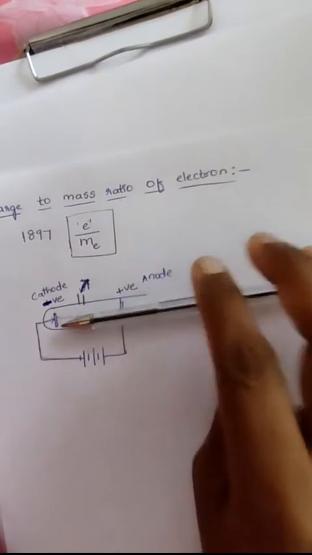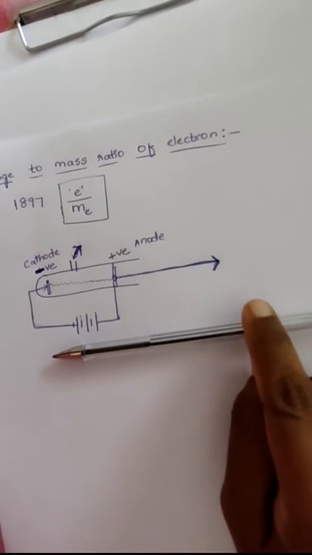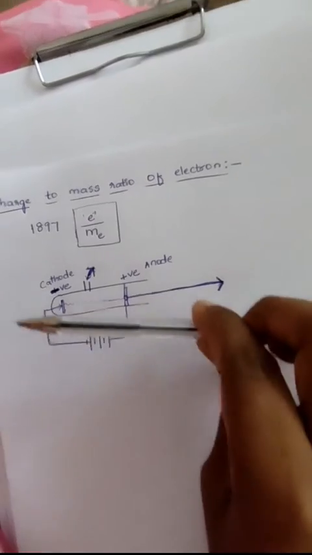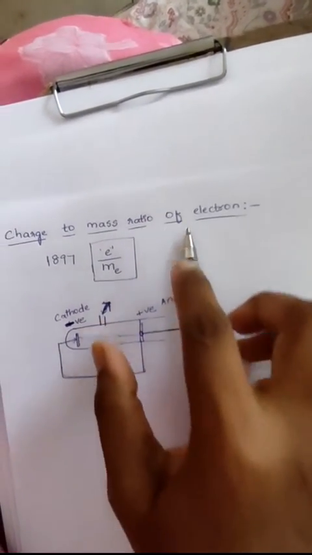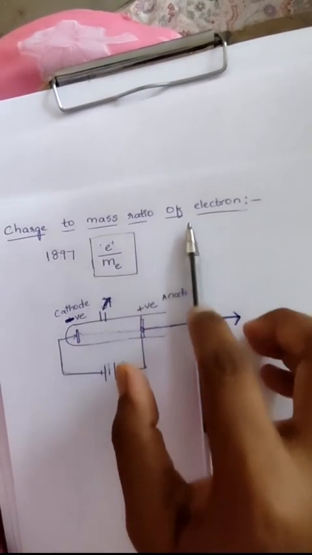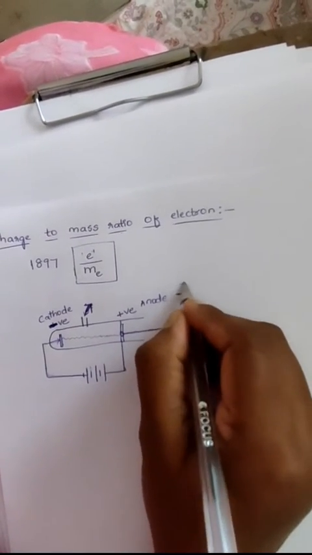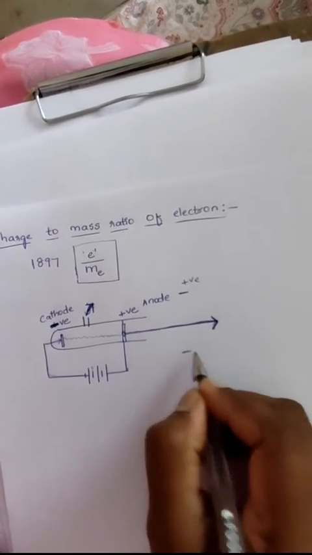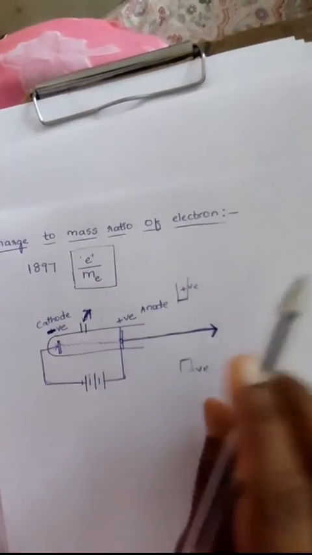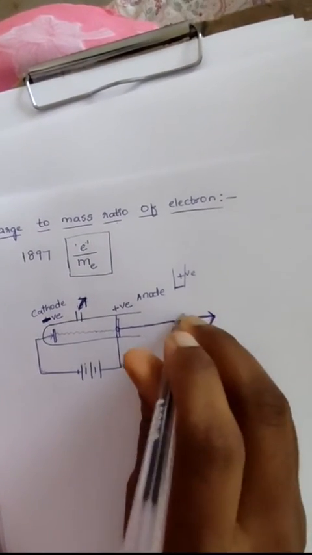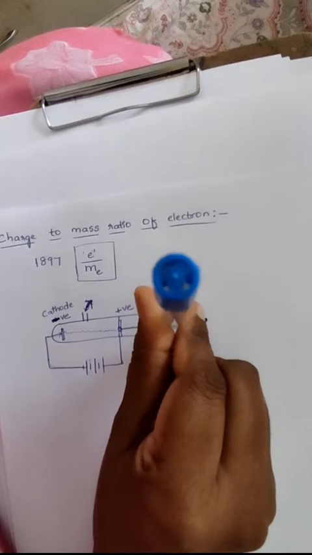For this, he applied a perpendicular electric field, at 90 degrees, and a magnetic field which is coming out of the paper.